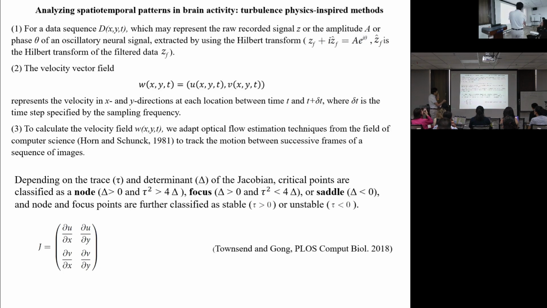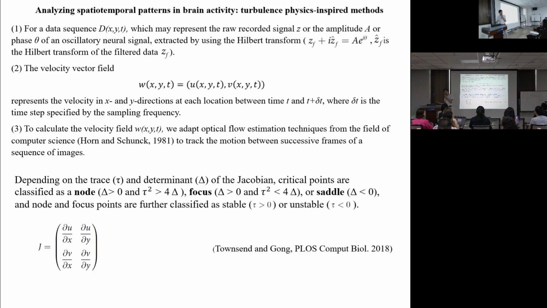First, for this data, we perform a filtering analysis, let's say, to focus on a specific frequency range, such as theta, gamma, or slow oscillations. Then, for those oscillations, as I said, they have an amplitude, and also they have phase. We use the Hilbert transformation to extract the phase of those oscillations.